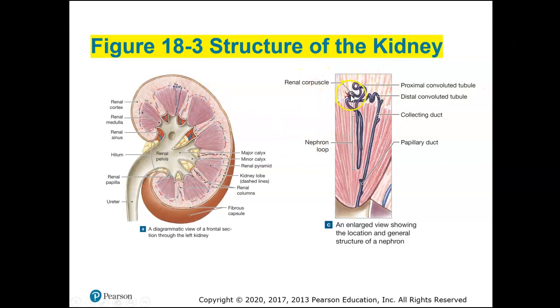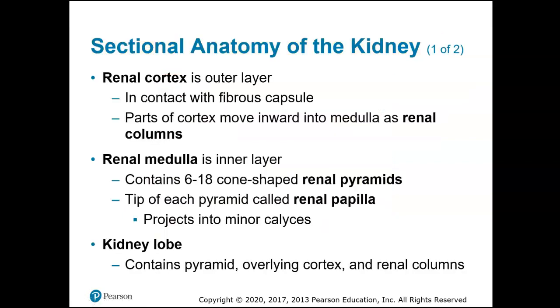It starts with a renal corpuscle, and then it has these little convoluted loopy things called the PCT, or proximal convoluted tubule. Then the nephron loop goes down into the medulla and back up. Then you have the DCT, or distal convoluted tubule, the collecting duct, the papillary duct, and that empties into a minor calyx.